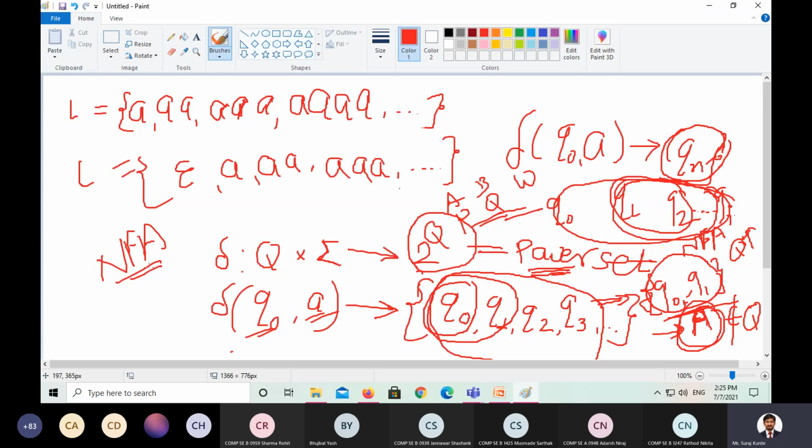It depends, but it will not have more than one next state for all the transitions. It will have at least one transition, at least one state, where for any input, it may be A, B, C, or 0, 1, 2, for a single letter, it will have more than one next state. That is what an NFA is. This is called an NFA. That is the difference.